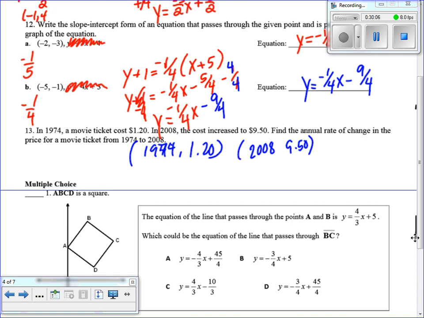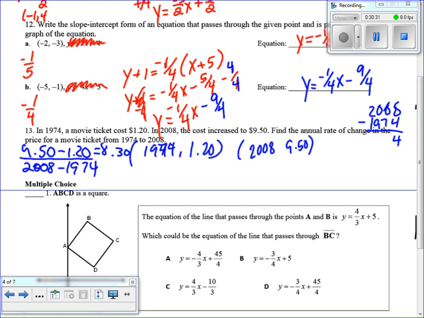Find your change in y, which would be 9.50 minus $1.20, which would end up giving you 8.30 over your change in x, which is 2008 minus 1974. So it's 34.